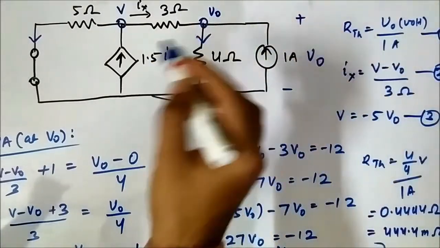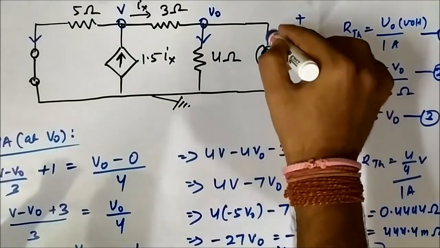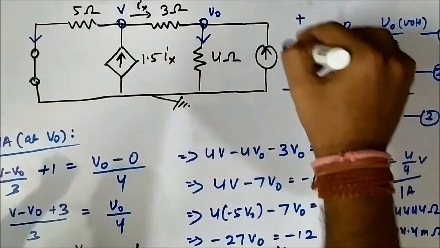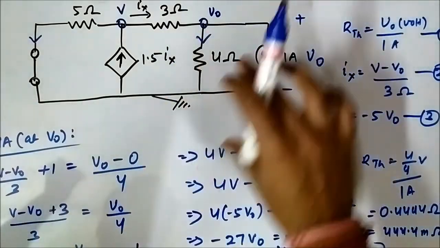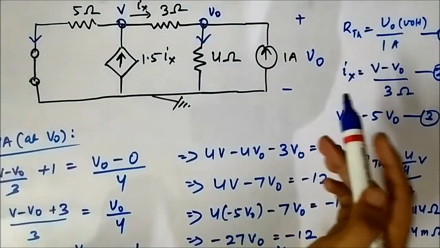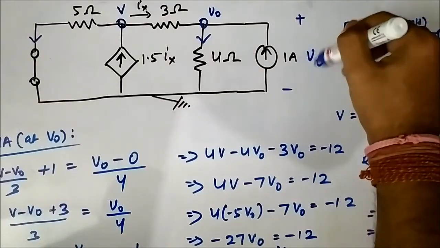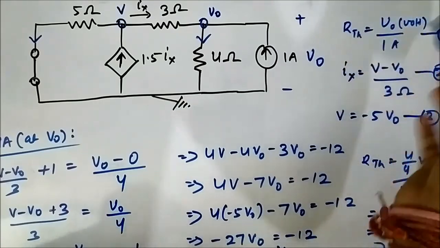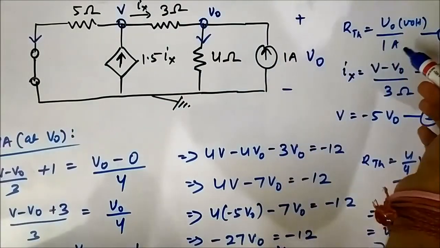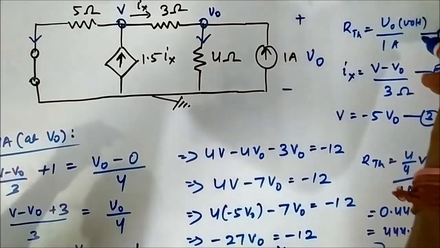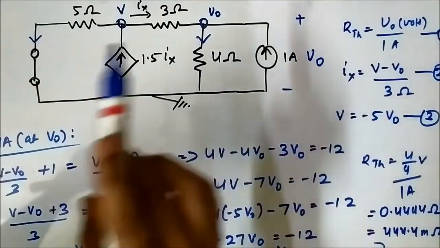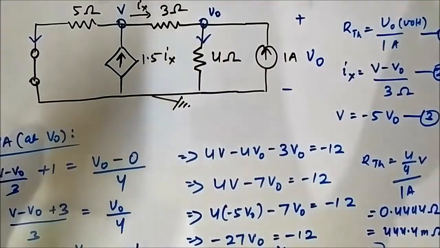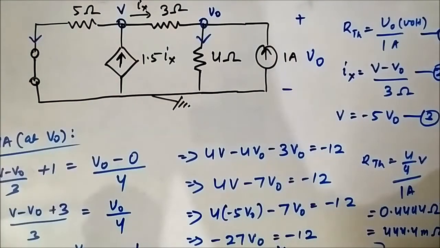Here we have connected a 1 ampere current source, and we have to find the terminal voltage across it, and RTH is V0 by 1 ampere. In that case voltage was known, in this case current is known. So this is the second part of the question, calculating RTH, and we have done it.